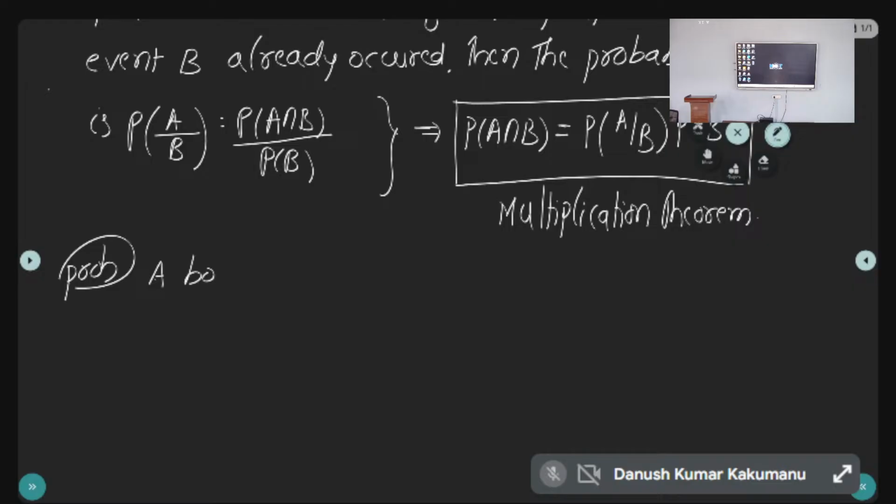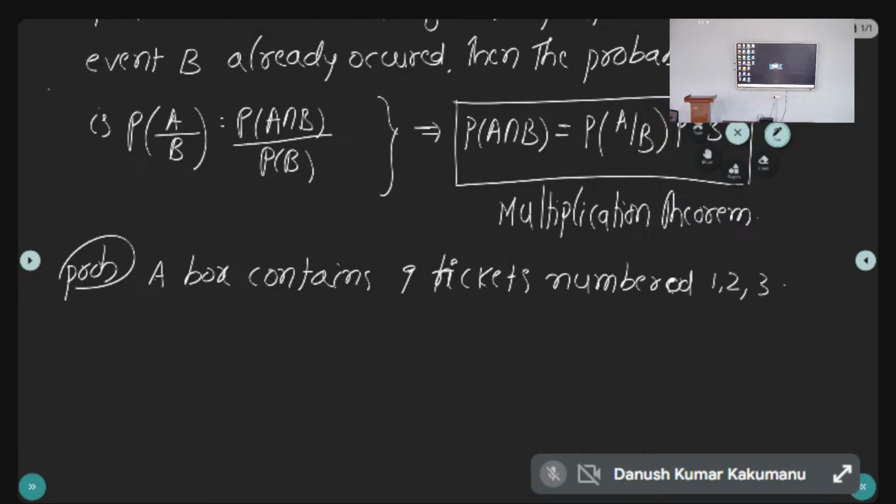A box contains 9 tickets numbered 1 to 9.